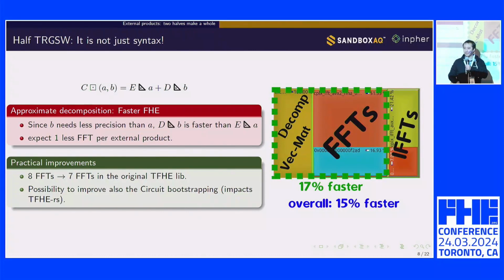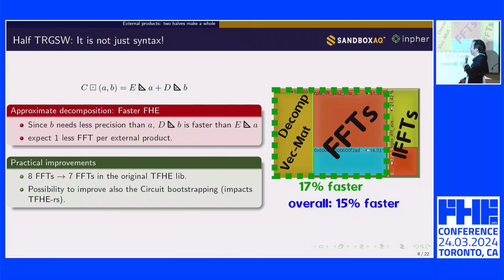Yeah. And that's particularly important when we consider the approximate decomposition, because in an LWE ciphertext, A has to have more precision than B, the constant term. So this means that in terms of number of FFTs, there will be fewer FFTs required to compute the B term.